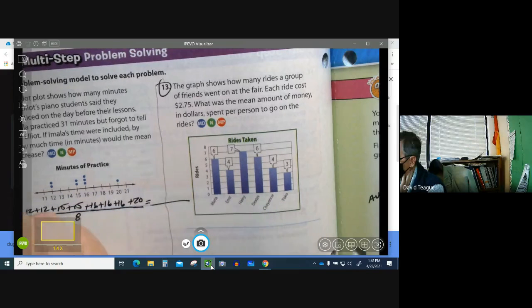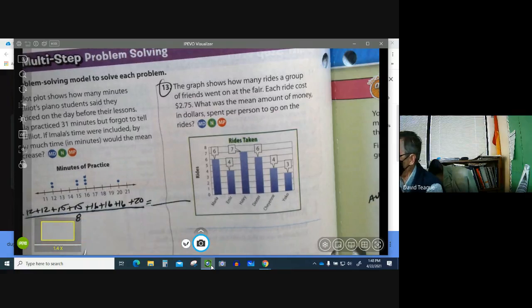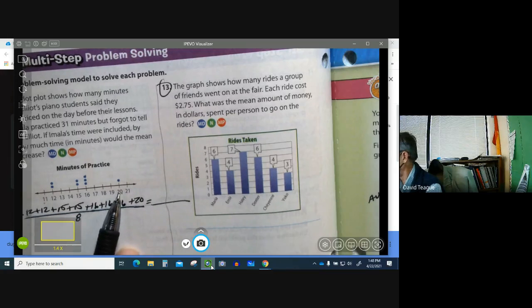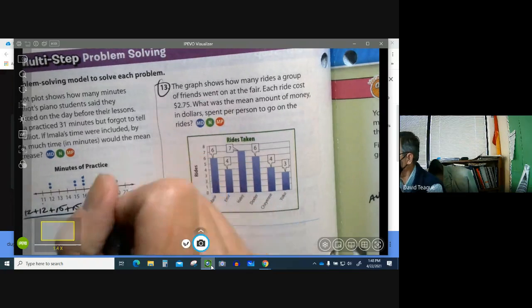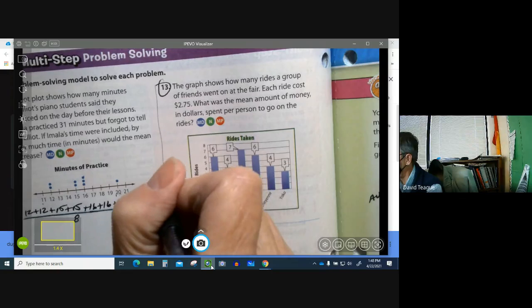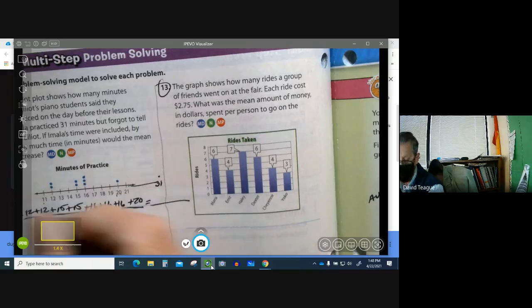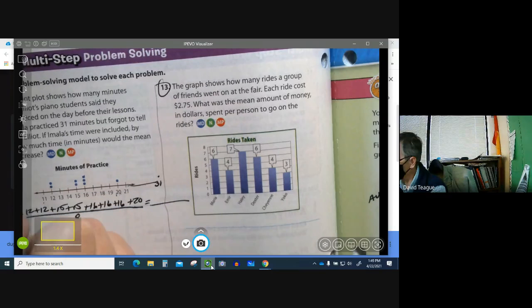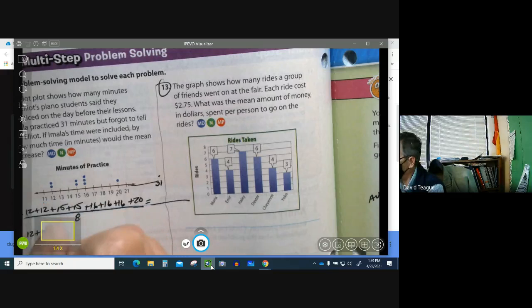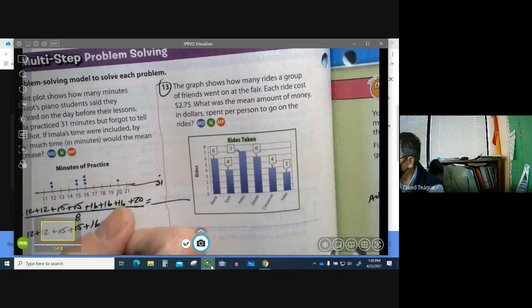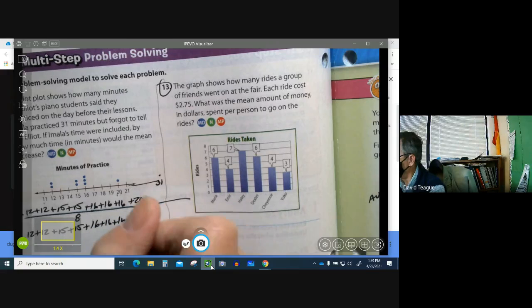Then you have to find mean number 2, which we're going to add to this set. If we continue the number line, it would be way out here, 31, with a dot on it. So now we're going to add 12 plus 12 plus 15 plus 15 plus 16 plus 16 plus 16 plus 20 plus 31.